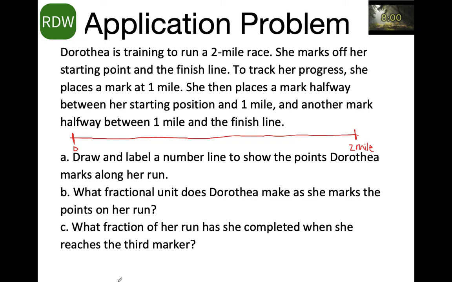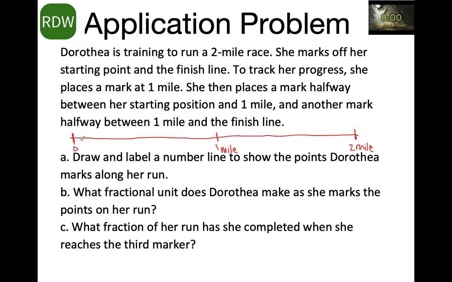Okay? And we're going to label it just like it told us in the question. It says to track her progress, she places a mark at 1 mile. Now, what goes between 0 and 2? We know that 1 mile would be right in between. I cannot tell you enough, this is not a separate whole. This is going to be a part of the entire race.